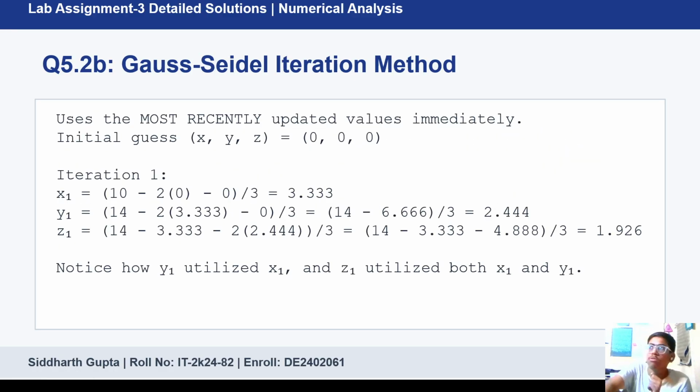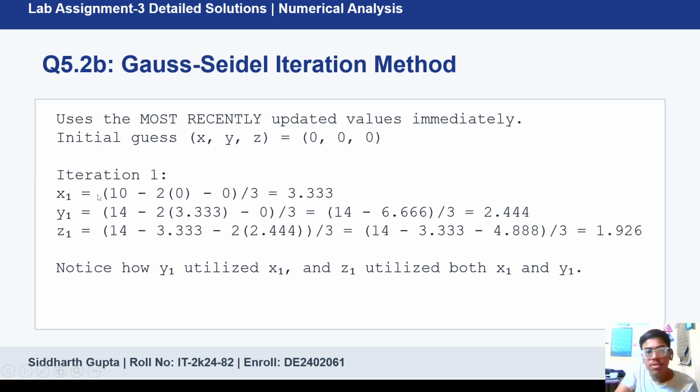Now we will solve the same linear equations again using the Gauss-Seidel method. In Gauss-Seidel we do the same thing, except that y1 will utilize x1, and z1 will utilize both x1 and y1. For the first iteration, we again take x, y, z as 0. We will find x1.